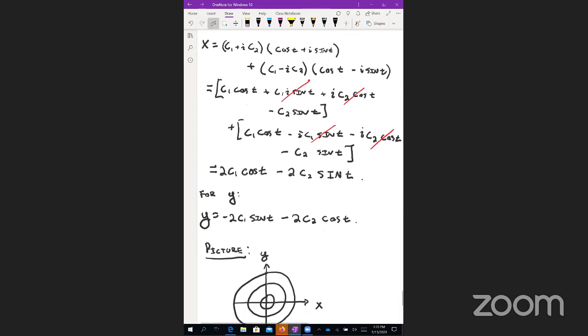So for instance, if C2 equals 0, then it's going to be cosine minus sine. Somebody can probably get this faster than I can. But an example trajectory is going to be C1 equals 1/2, C2 equals 0, and we're going to get xy equals cosine minus sine of t, so we're going around clockwise.